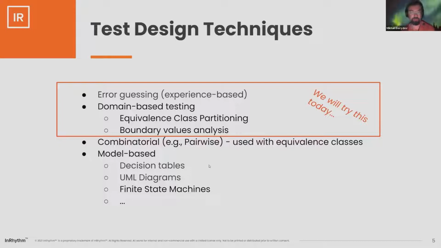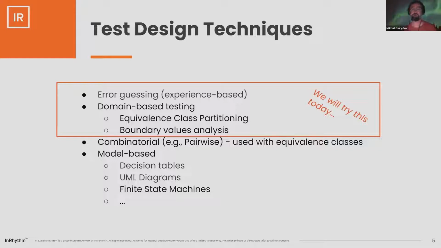Also, the last, and I would say the least understood and least used approach, is called model-based testing, and here we're trying to model how our application works. For instance, we can use state machines to represent the model of our system, so that the system can be in a big number of different states, and everything that you can do with a system is transfer it from one state to another.